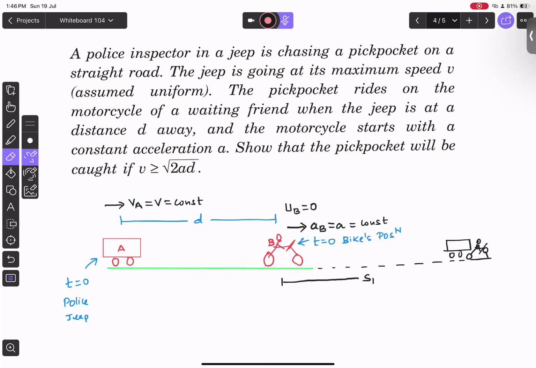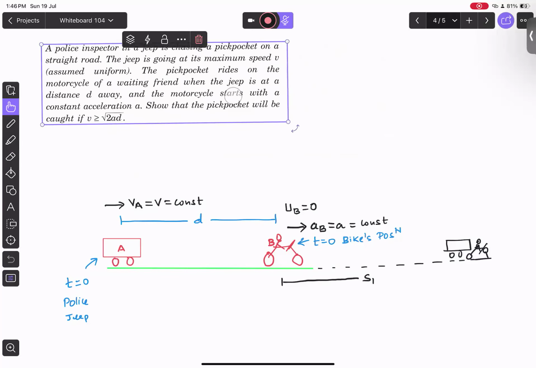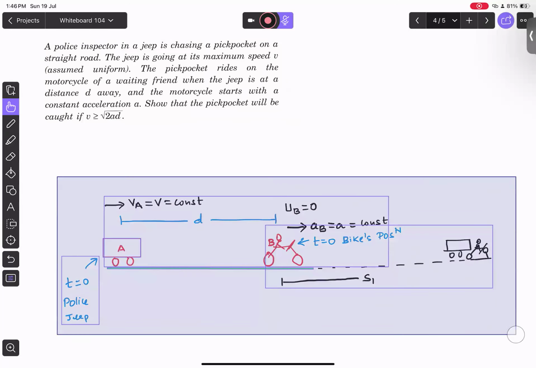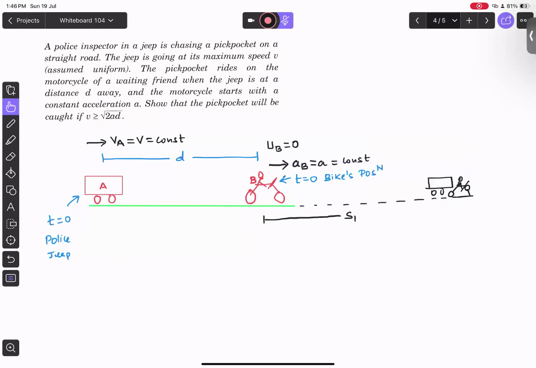They are asking us under what condition he will be caught, so I have to know what happens when he is caught. So if the police jeep catches the bike, then what happens? Once I solve something for that, then only I will know what can be done next. Suddenly, every step will not be revealed to you. Whatever is possible from our side, that much we do.